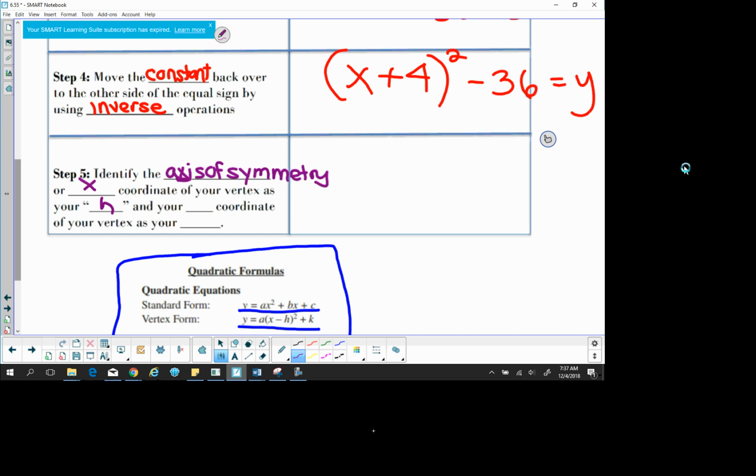Remember, since it's minus, it tells you the opposite. So what's the opposite of positive 4? Negative 4. It even says that right here. That's why it's minus in this. You get this the whole test and on your final. The point of that minus is to tell you the opposite. So minus h just means it's the opposite. So I know my axis of symmetry is negative 4.